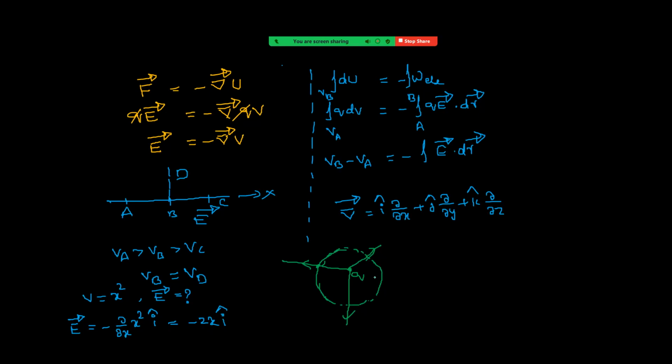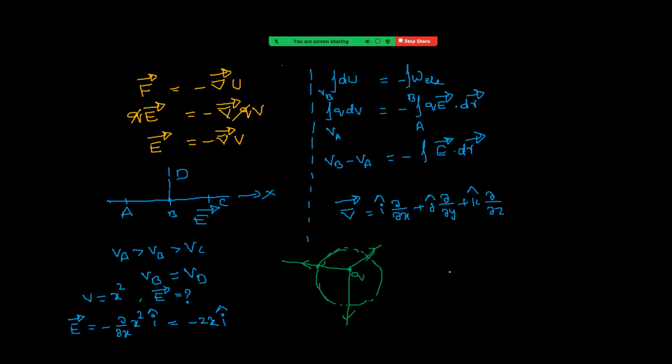So if you imagine one sphere by taking that charge as the center of that sphere, at each and every point the field is radially outwards, or you can say normal to the surface. That means on this surface at each and every point potential will be the same. Therefore, because of a point charge, the equipotential surface will be spherical.